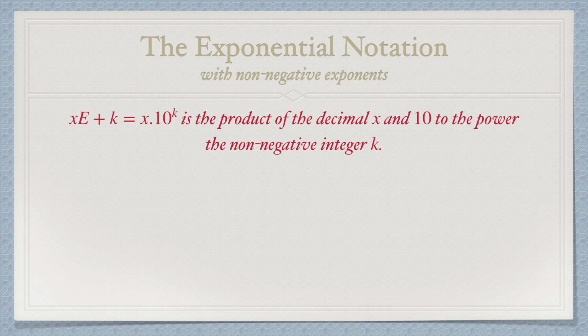xe+k, where x is a decimal number and k a non-negative integer, is x multiplied by 10 to the power k.